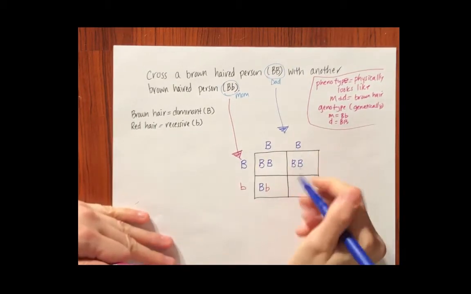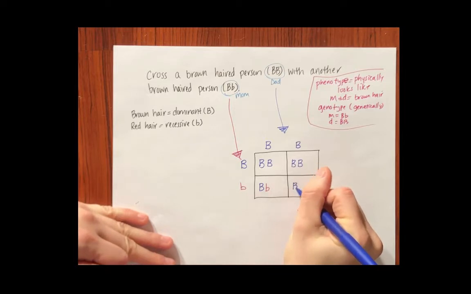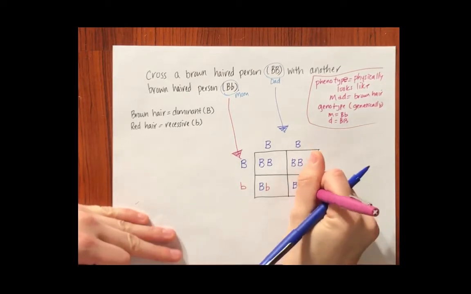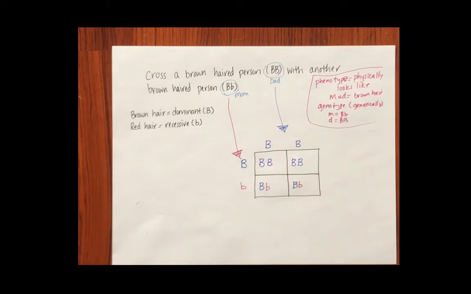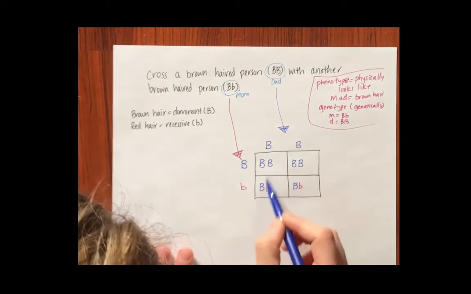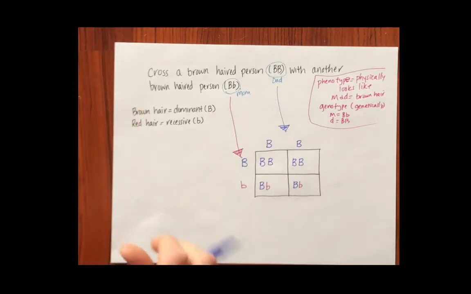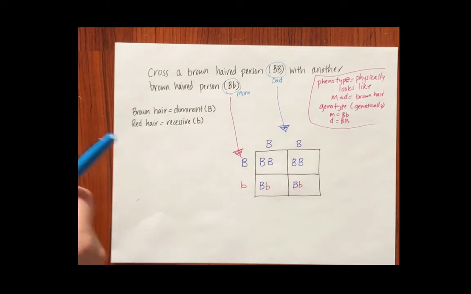I'm going to take big B from dad and little b from mom. So these four represent what their possible children would be. And we're going to talk about a ratio, or what their odds, their probability, are of getting kids with this genetic makeup.